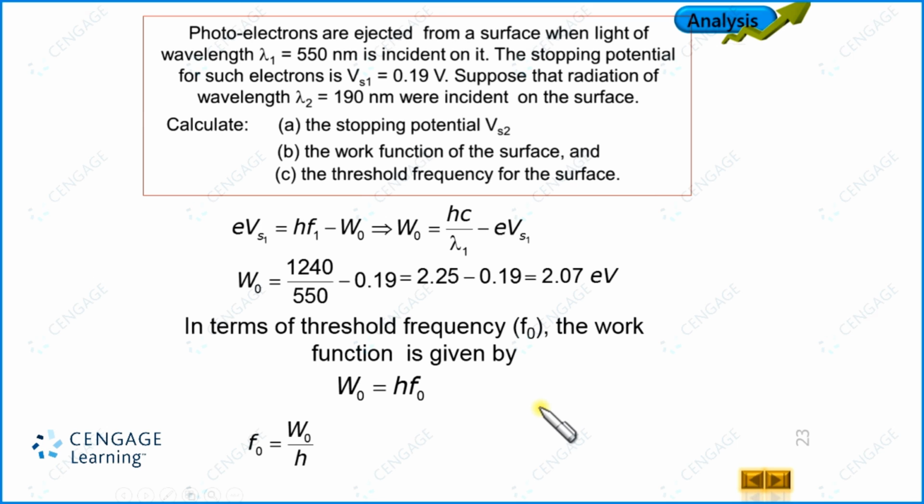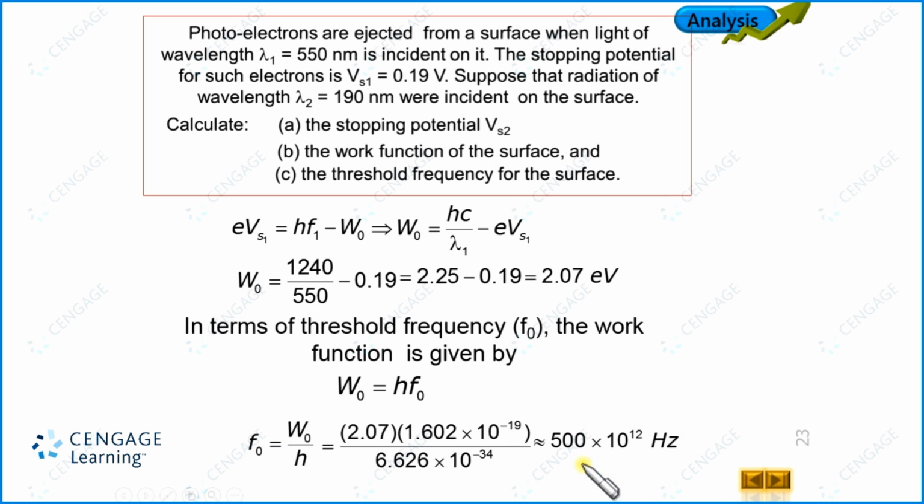Now we know the value of the Planck constant, 6.6 into 10 to the power minus 34, and W we have calculated, that is equal to 2.07, and we need to change this value into joule. So for changing this value into joule, we need to multiply this value by 1.6 into 10 to the power minus 19, like this, and this is the value of the Planck constant. On solving, we get the value of frequency, which is approximately equal to 500 into 10 to the power 12 Hertz.